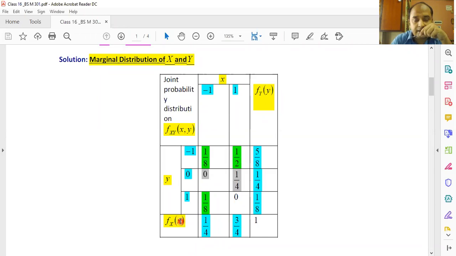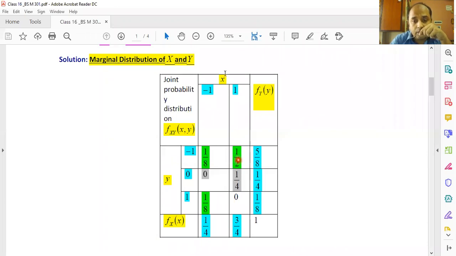The rest remains the same. Now I'm going to calculate the marginal distributions, or marginal probabilities, of the random variable capital Y for each value of Y in its domain. So first of all, when Y takes the value -1, we are adding these two figures, 1 by 8 and half.